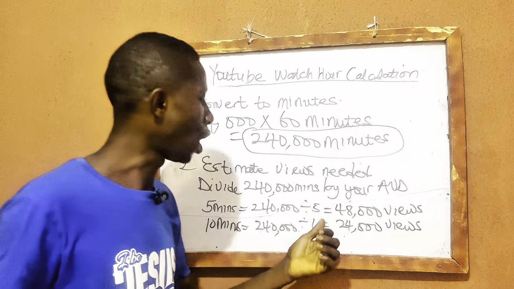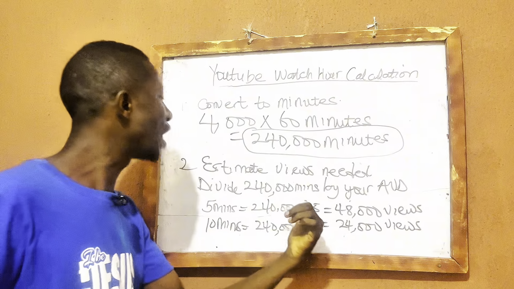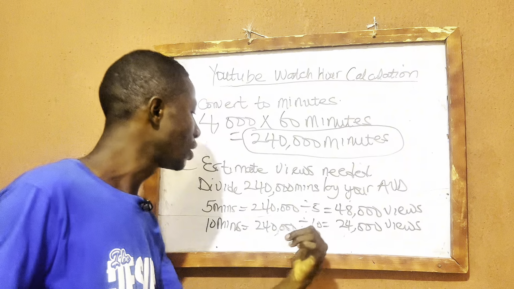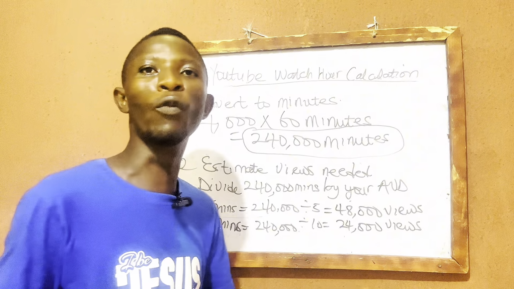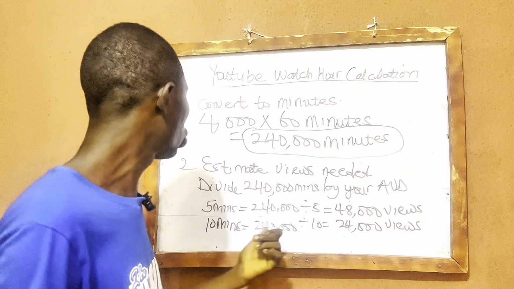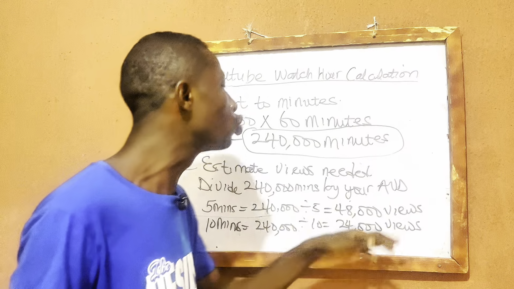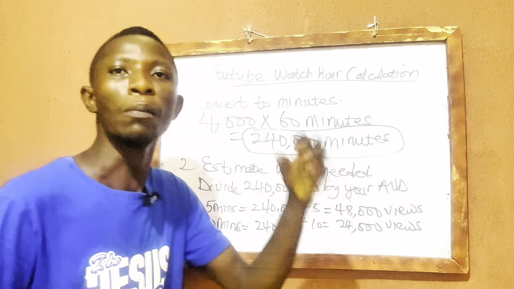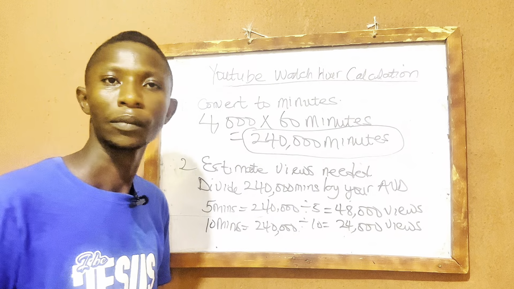If you are just joining this video, you can see that we said the average view duration could be 5 minutes, 10 minutes, or 15 minutes. The longer your video is, the fewer views you need. So you have to have 24,000 views before you can have the 4,000 watch hours.